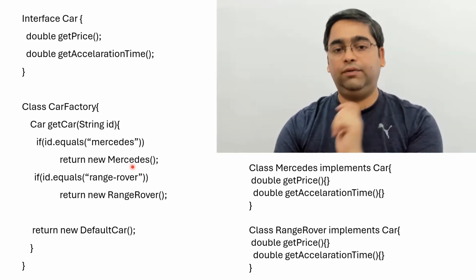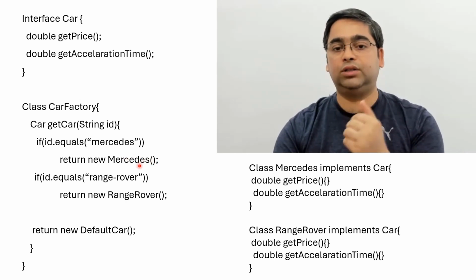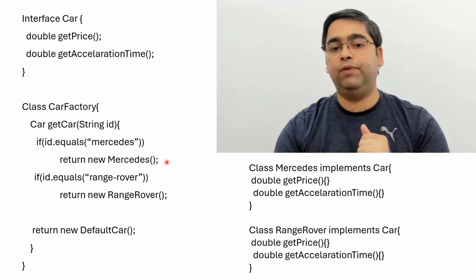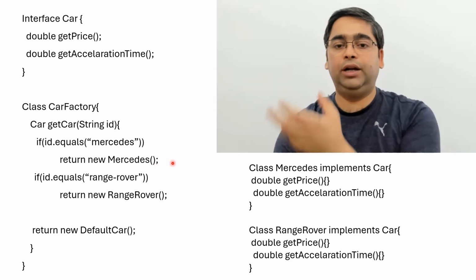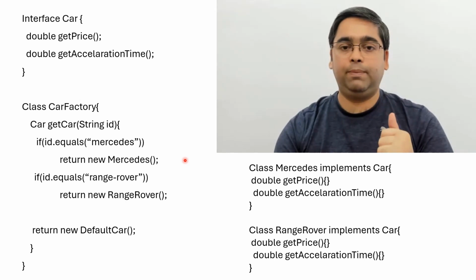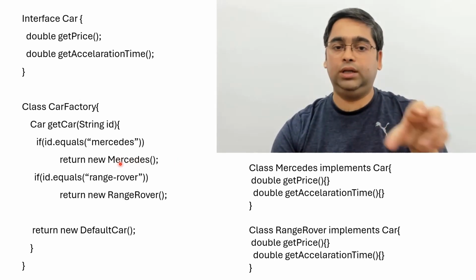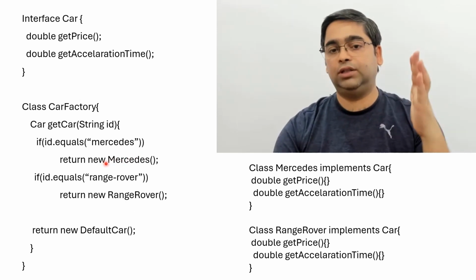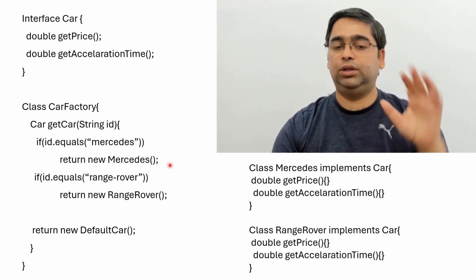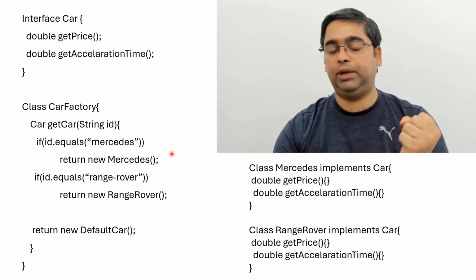So what if we decided to insert a new parameter in the creation of Mercedes object, like type of vehicle? So whether it is hybrid, electric vehicle, or you can say a petrol vehicle. So in that case, we have to go change the code inside the user class which was using the Mercedes object. So there was no loose coupling. Now factory pattern has enabled loose coupling here.